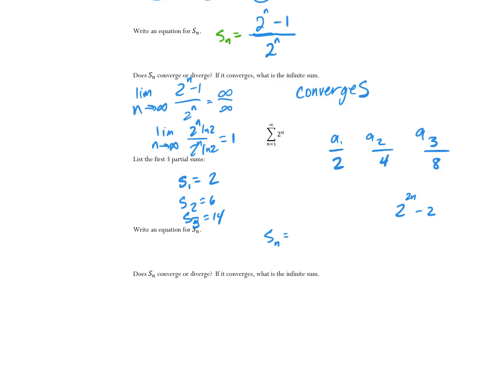I did it wrong when I did my notes, so I found a sub n instead of S sub n. So let's see. No, because then the second one doesn't work. It's plus 4, then plus 8.